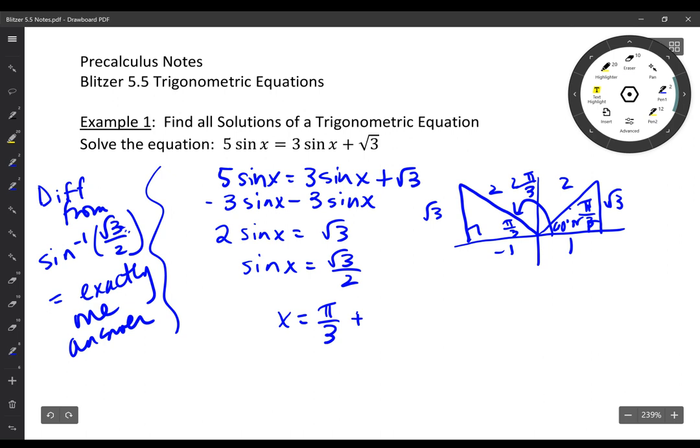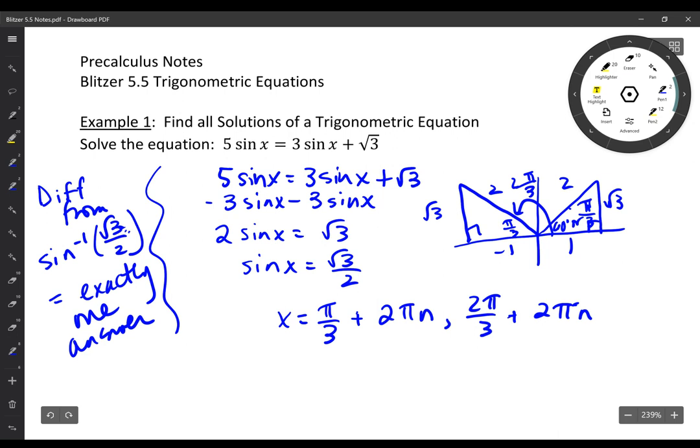And we know that multiples of the period would be something times 2 pi. So usually they write 2n pi. A lot of times I write 2 pi n just because I'm used to seeing it that way. I'm thinking about that period as being 2 pi, and then I'm multiplying it by n. And then we could also have this other one, 2 pi over 3. And then again, we could have multiples of that as well. So plus 2 pi n.